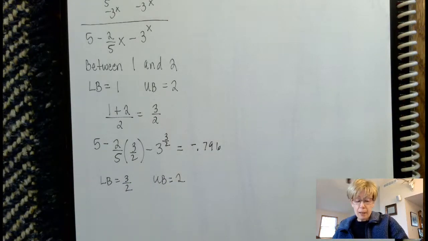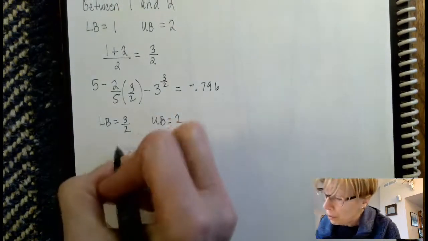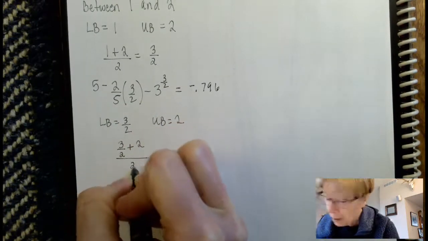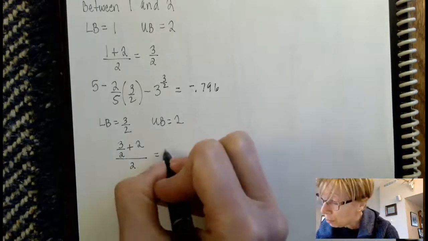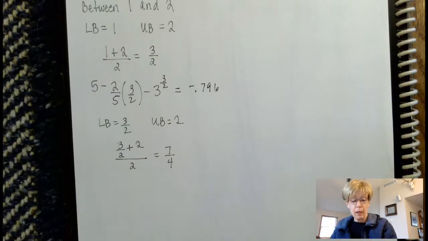And we're going to average these values together. So 3/2 plus 2 divided by 2 is 7/4.